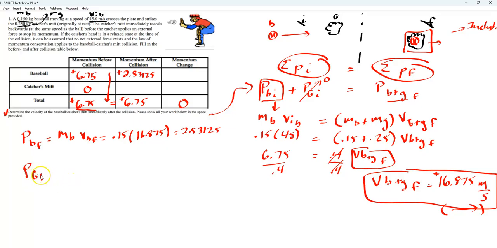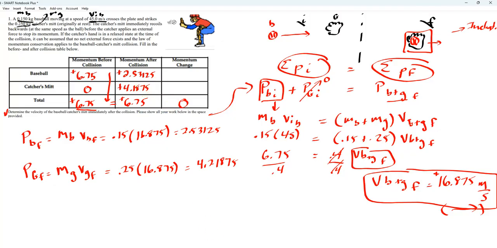For the glove, we're going to do the same kind of work. So the momentum of the glove would be the mass of the glove times the velocity of the glove after the collision. So that's going to be the mass of the glove, which is 0.25, times the velocity, which is still that 16.875 because they move together. So 16.875 times 0.25 is 4.21875.